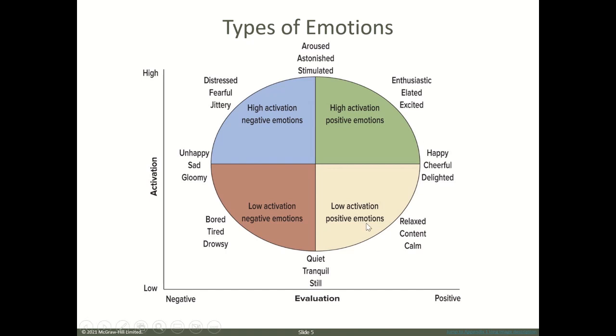So, low activation and positive emotions. When activation is less but emotions are so positive, right? Then we feel relaxed because of the emotions, and we feel satisfied, contented, and calm.